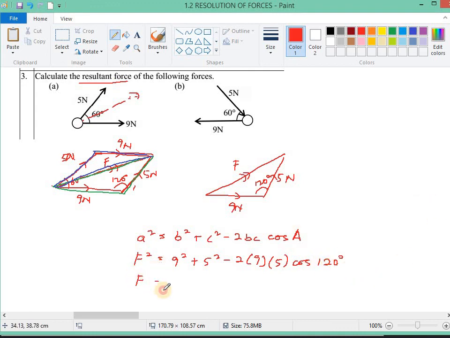Using your calculator, you will get 12.288 Newton. This is the length of this line, and the length of the line represents the magnitude of the force. So the resultant force is equal to 12.288 Newton.